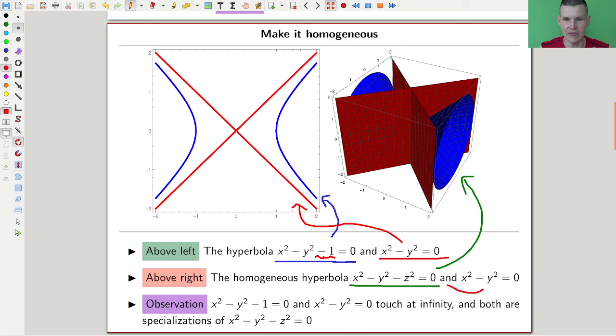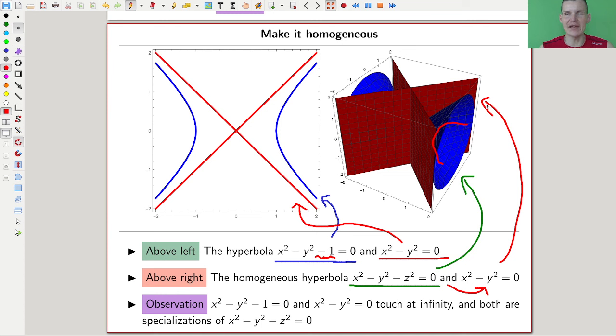Specialize z to 0, you get exactly this equation, and the corresponding set in 3 space is still this cross times the time interval, and it lies exactly at the border of this funny double cone, right? So these guys somewhat touch at infinity if you want, because the hyperbola is somewhere here in this picture, and if you just draw that out, they touch at infinity.